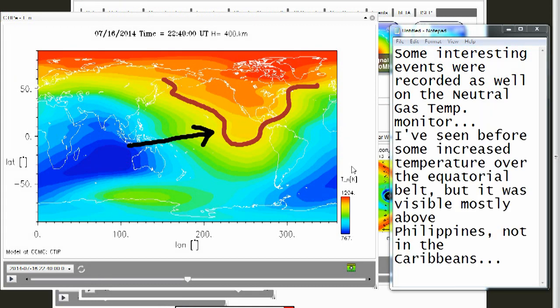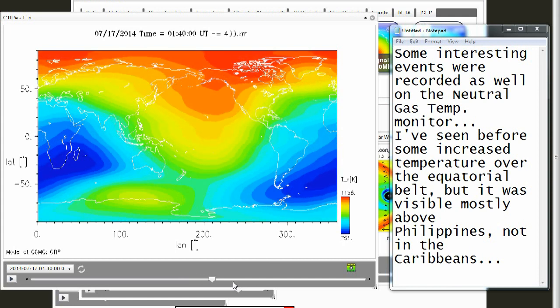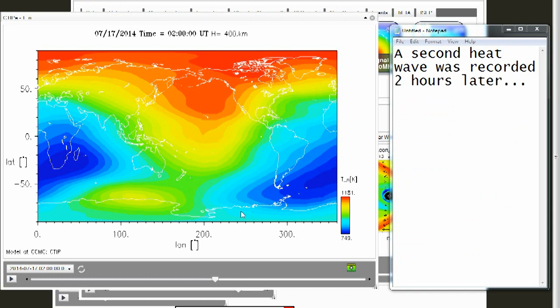I've seen increased temperature over the equatorial belt before, but it was visible mostly above the Philippines, not in the Caribbean. A second heat wave was recorded 2 hours later.